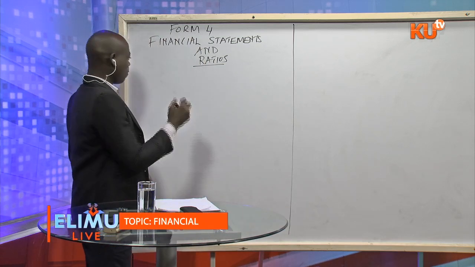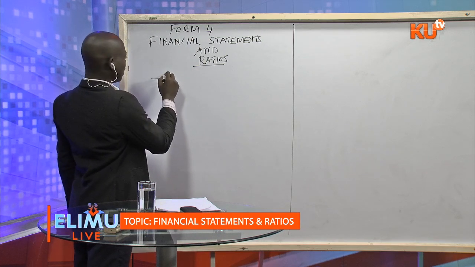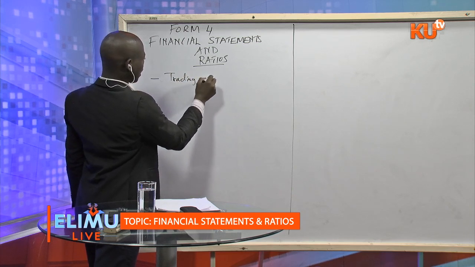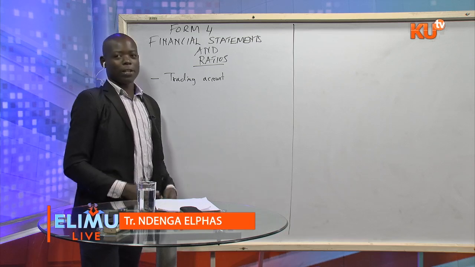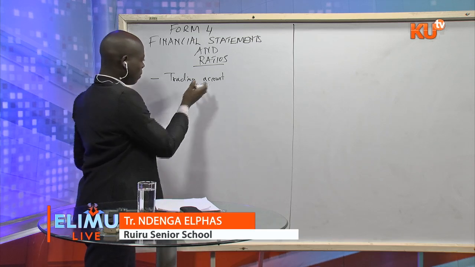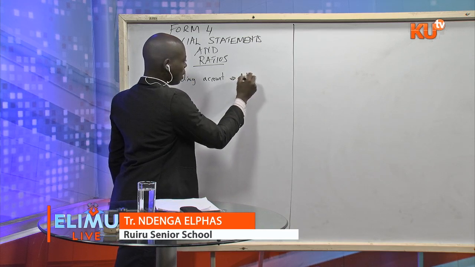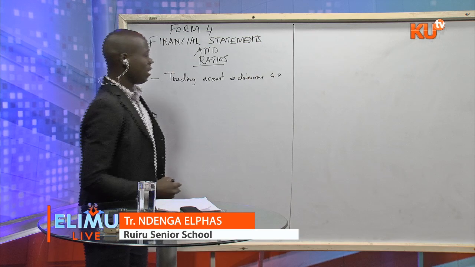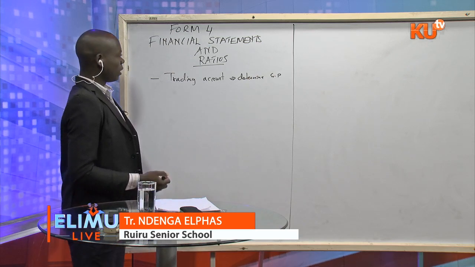One of them was the preparation of a statement we call the trading account. We said a trading account is one of the main statements that we need to prepare in this topic, mainly to be able to determine the gross profit that is made within a given period of financial accounting.